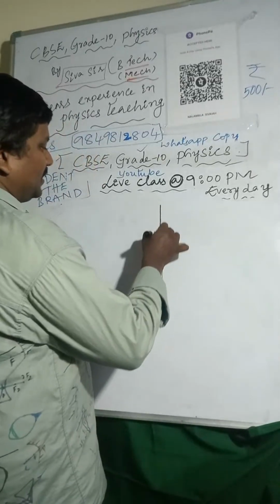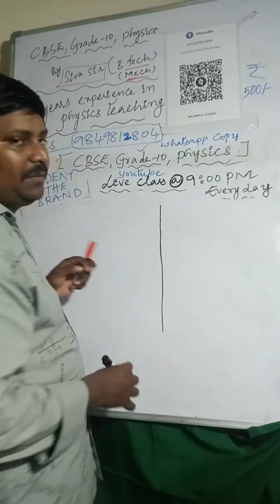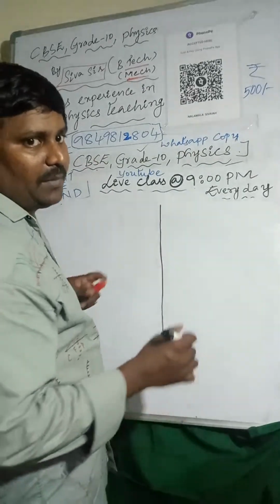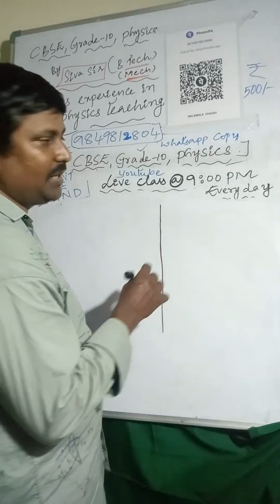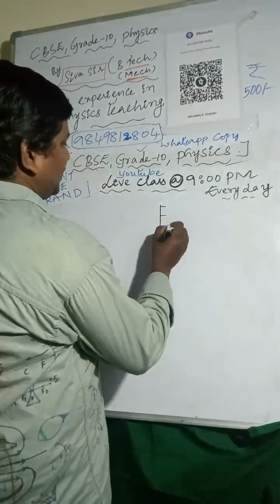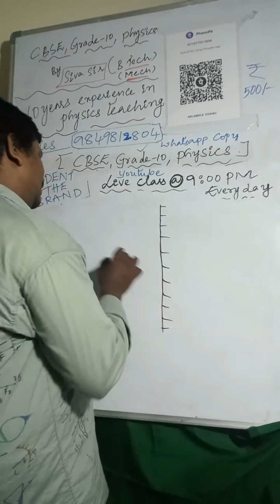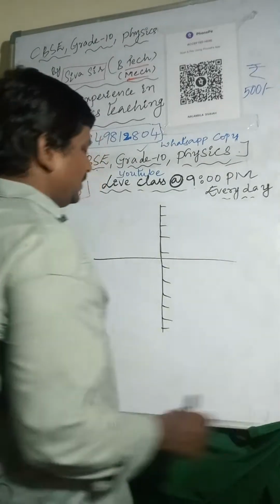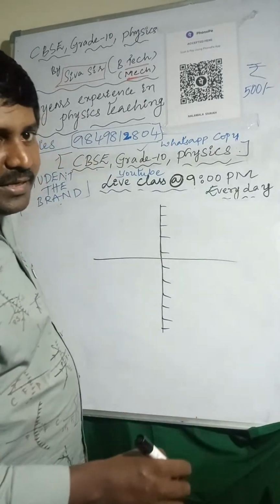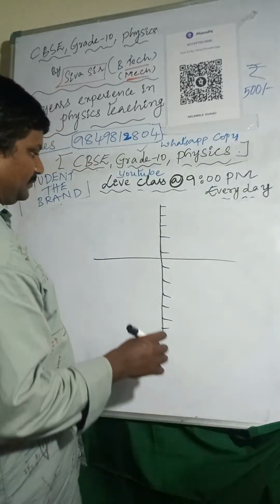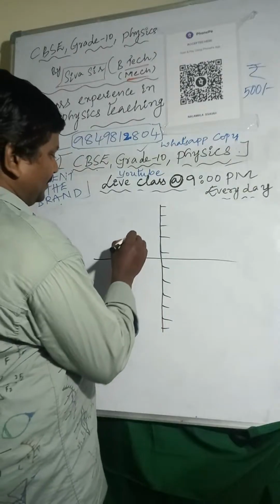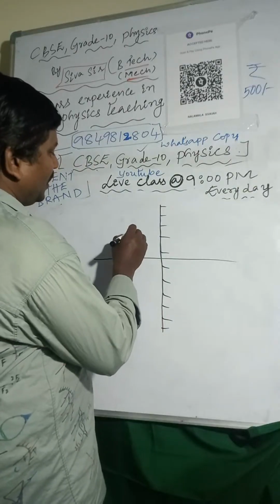So this is a plane mirror. Here I am taking the normal line.